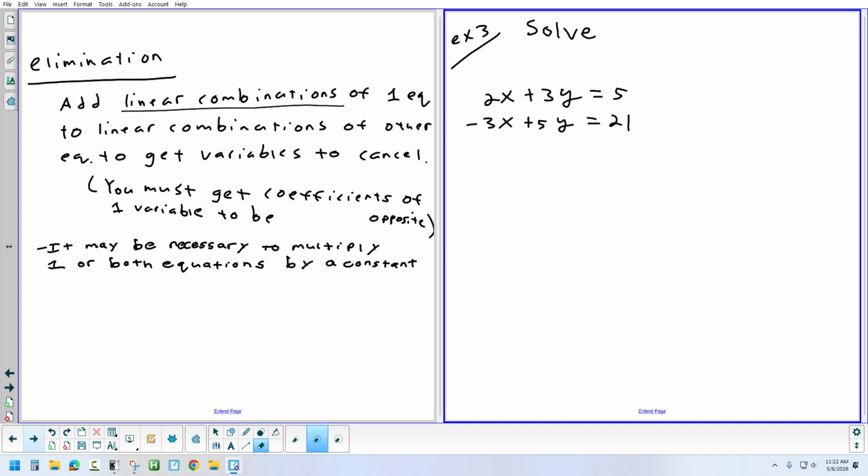All right, so we've got 2x plus 3y equals 5, and negative 3x plus 5y equals 21. We need to choose a letter that we want to try to make opposites. So what letter do we want to try to eliminate in this one?